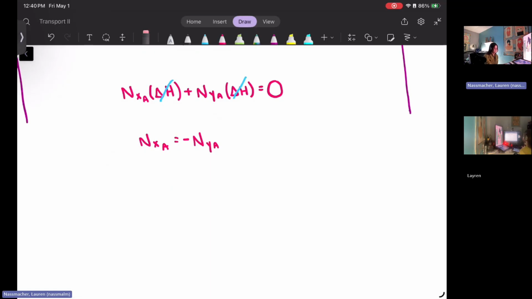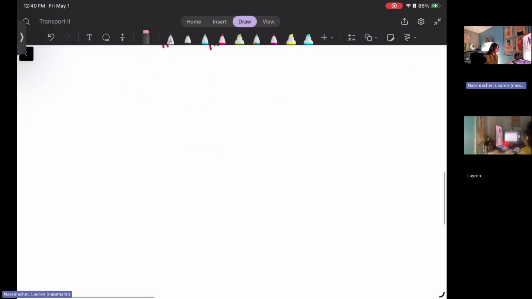So now what if we have a situation where component A transforms into 2 of component B? So it's no longer equimolar. Well, we know that our total molar flux rate is equal to the molar flux rate of component A plus the molar flux rate of component B. It's going to be our total.